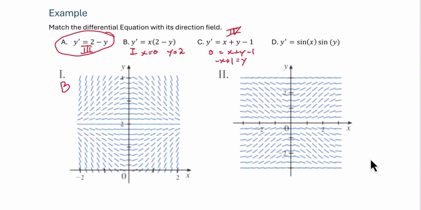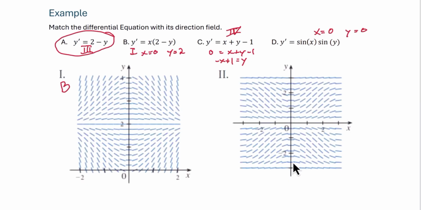And then just to confirm, let's check part D. Part D should be with graph 2. Let's see where y prime is 0. Y prime is 0 when x is 0 and when y is 0. So let's see.